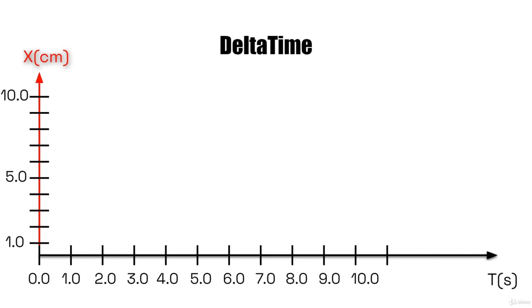So at 0 seconds, when no time has passed yet, it starts off with an X coordinate of 0, and after 1 frame, consisting of a single second, we have now added 1 to our actor's coordinate, and now it has an X coordinate of 1. 1 frame later, another second has passed, and we've added another 1 centimeter to the actor's X coordinate, and now it's at 2. 1 second later, we've added another centimeter, and now the X coordinate is 3. Fast forward to 10 seconds, and the actor has moved a total of 10 centimeters.